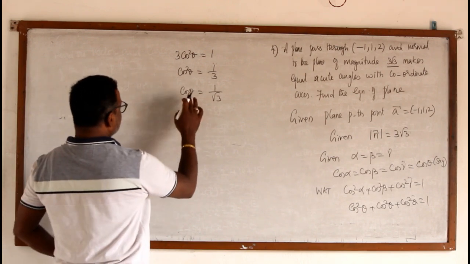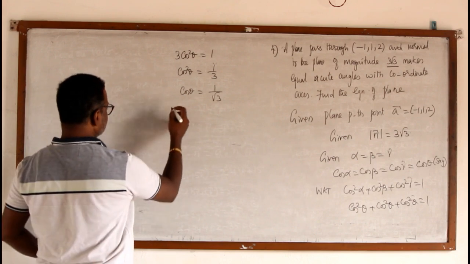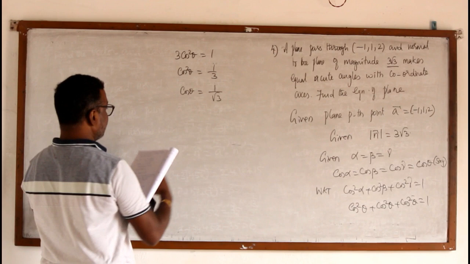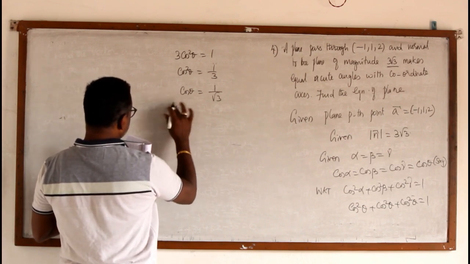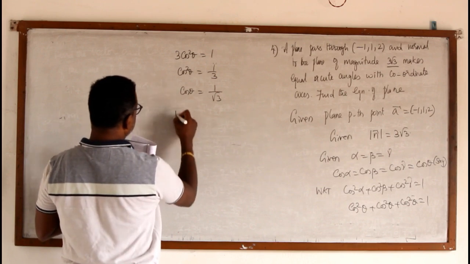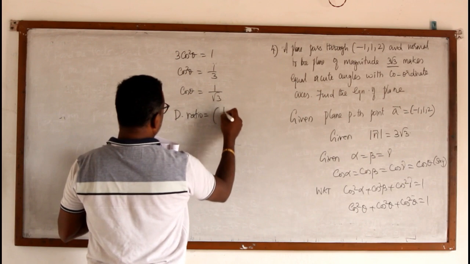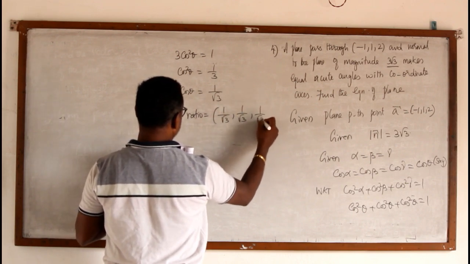In this case, this is the I vector. Therefore, I can say, remember, normal vector n, the direction ratio is 1 by root 3, comma 1 by root 3, comma 1 by root 3.